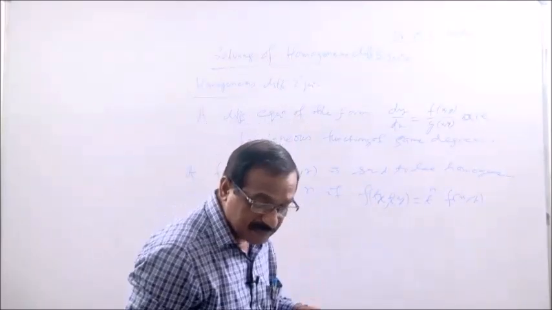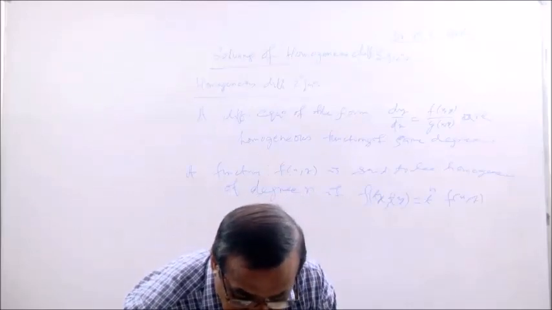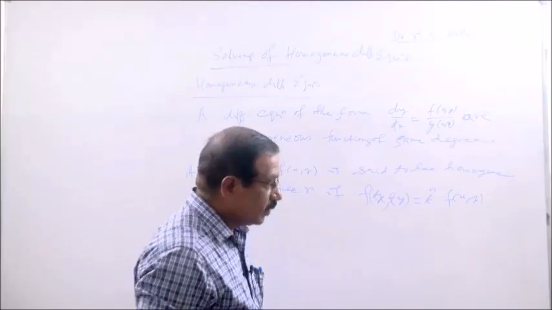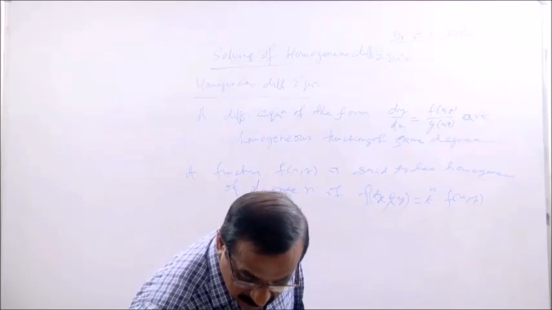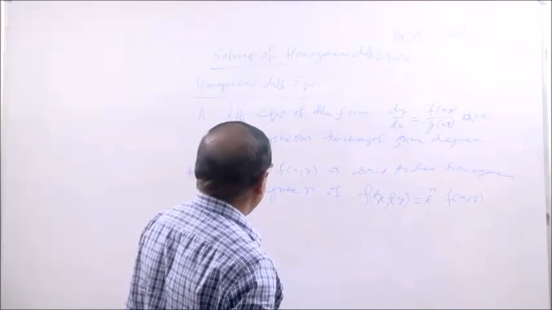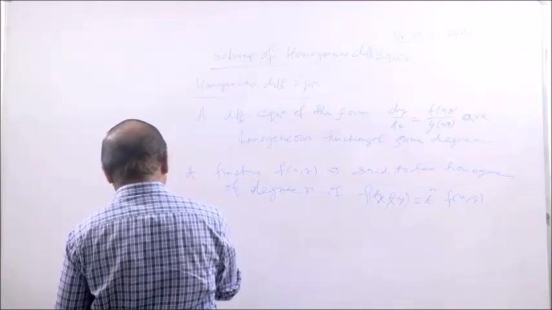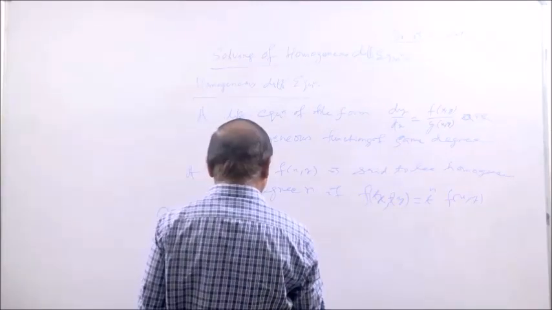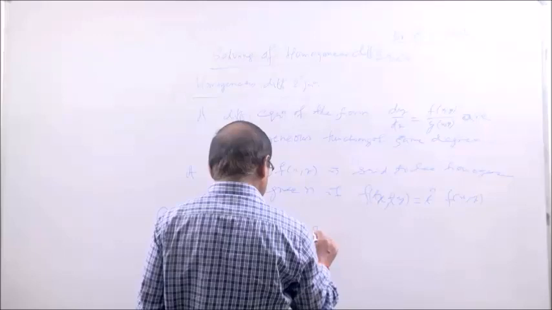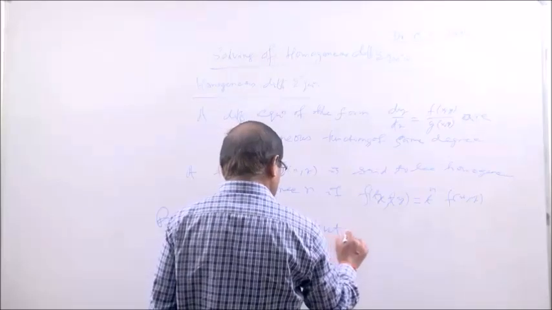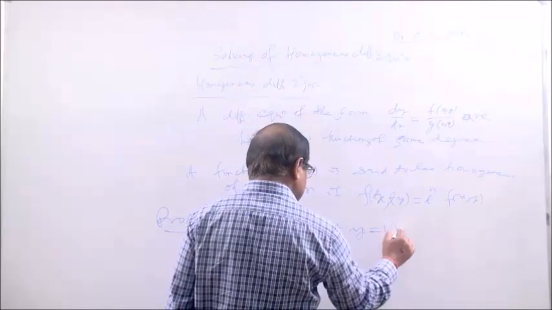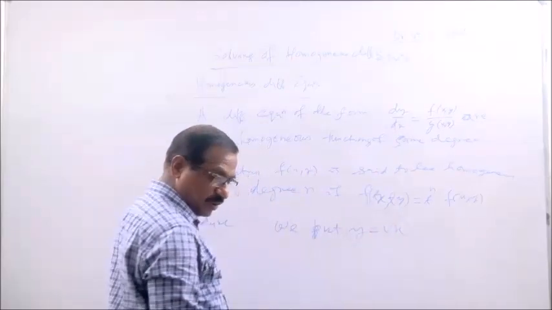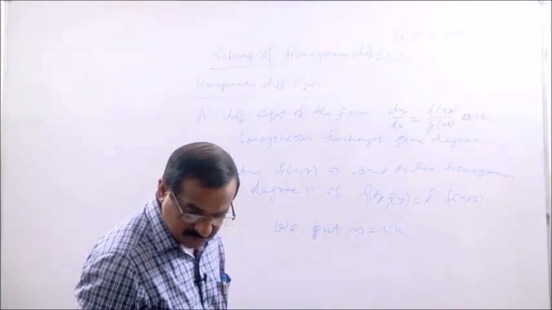Okay. Now the procedure is this: we put y is equal to vx. This is the procedure. Now let us see some examples, right?